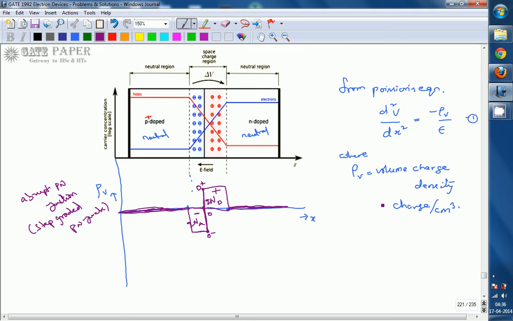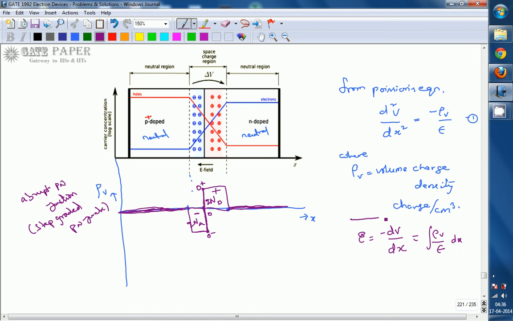Now, have you remembered the electric field formula? Electric field is E equal to minus dV by dx. What we know is d square V by dx square. So if you integrate equation 1, you can write this equation as minus dV by dx equal to the integral of rho v by epsilon dx.